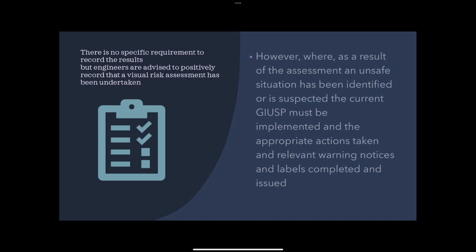You've got to dispense the relevant warning notices, and you've got to attach the relevant labels as if you had been working on the appliance yourself. So you don't walk away from an unsafe situation, you carry out the actions required.